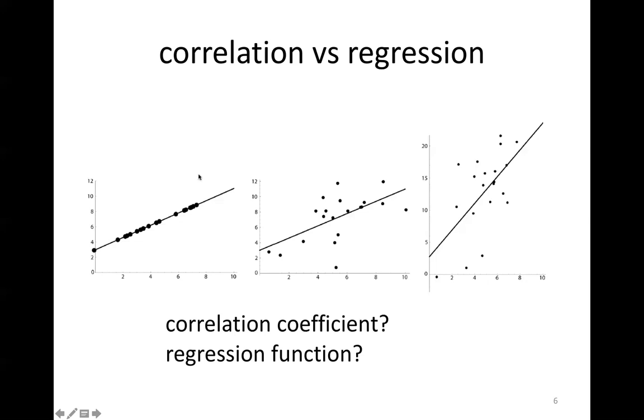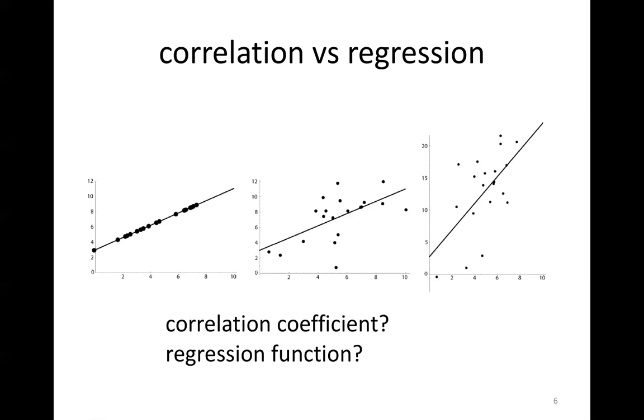It should be positive and 1 because the values on one variable can be perfectly predicted by the values of the other variable and vice versa. That means a correlation coefficient of 1, and here the correlation coefficient should be positive, but something less than 1, because of the variation in one type of data versus the other type of data.